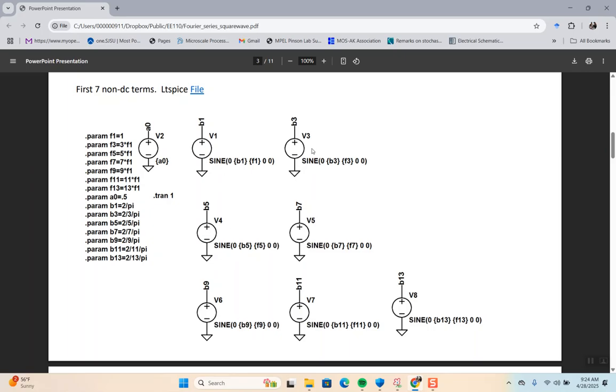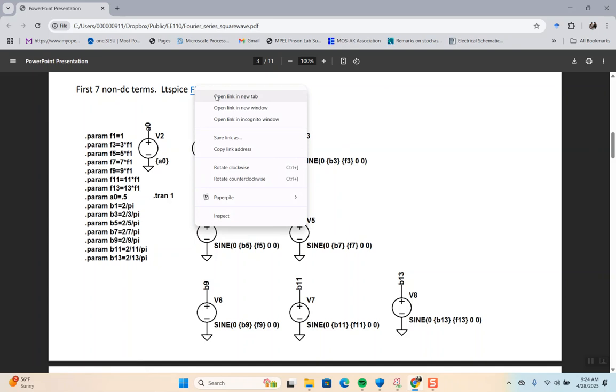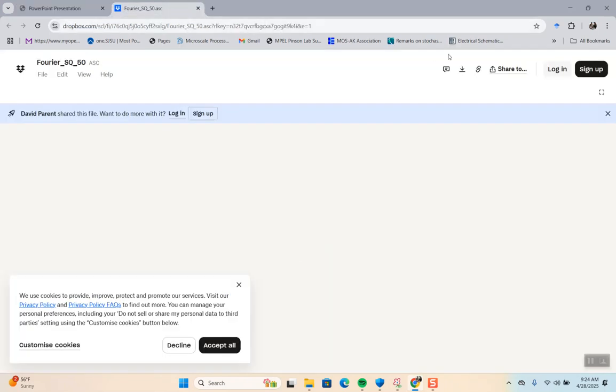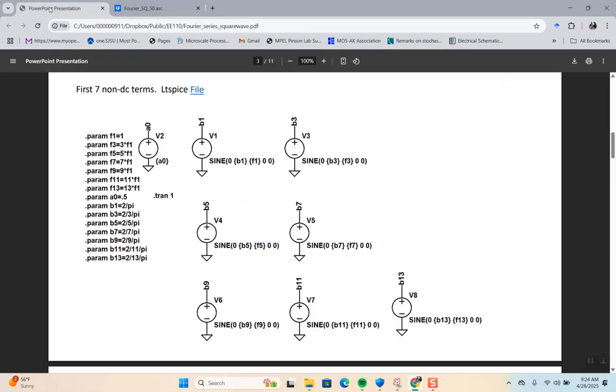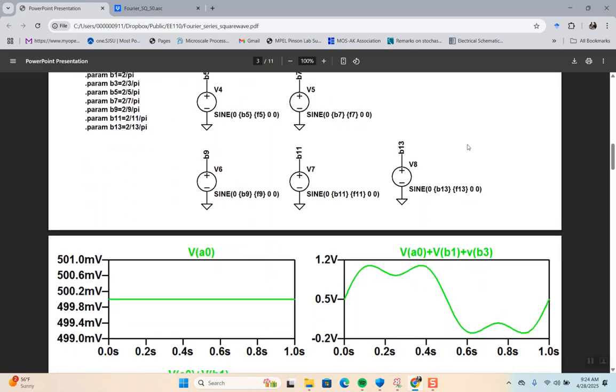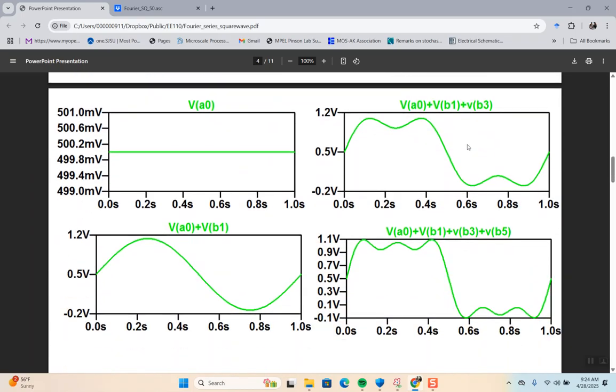And then I just put it in here, right? Anyway, it's in Dropbox and you can download it. You just have to click something. Okay. So now let's see how this progresses.